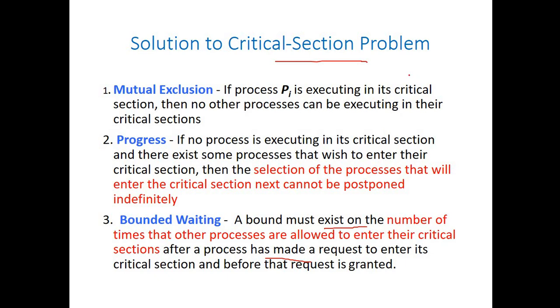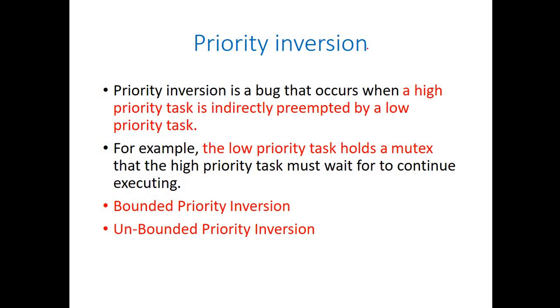Priority inversion is a bug that occurs when a high priority process is indirectly preempted by a low priority process. So generally, what is priority scheduling? When a high priority process wants to enter into the critical section, then a low priority process may be preempted, and then the high priority process can continue its execution.